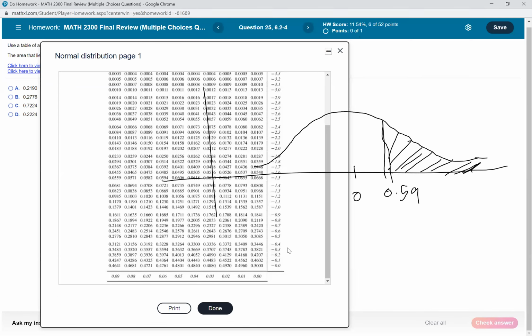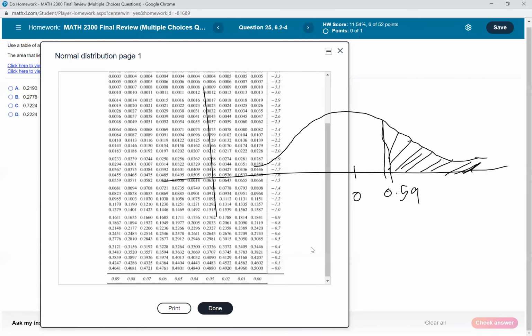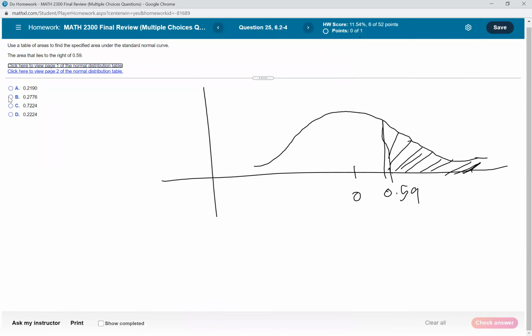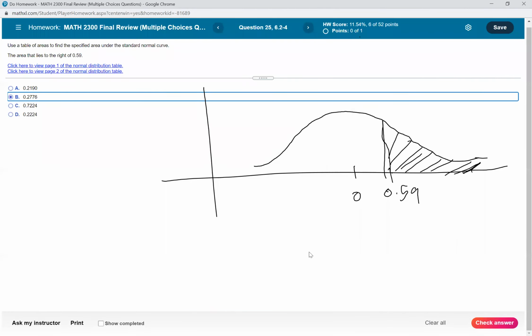This is negative 0.5, and the second decimal place is 9, so 9 is here. This is 0.2776. So the answer is 0.2776. This is the correct answer.